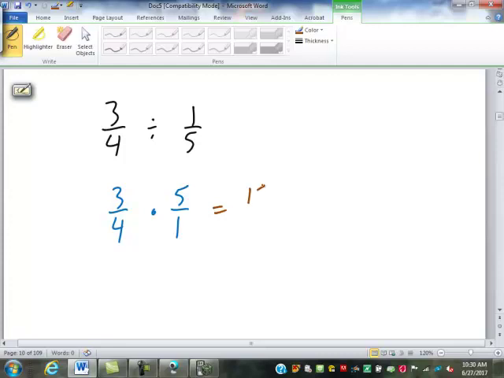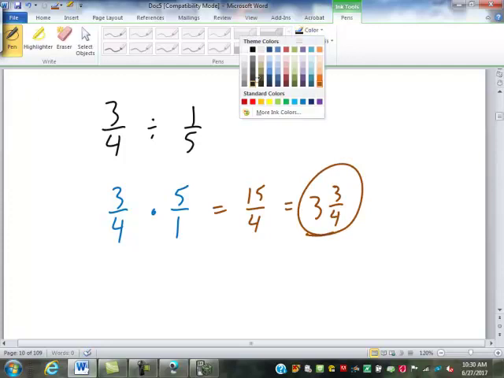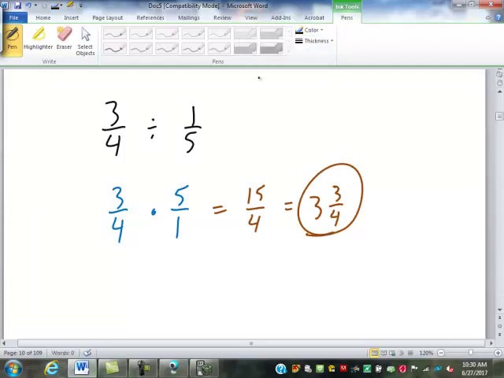So that was 15 over 4, or 3 3/4. Now, you might wonder, how can we take 3/4, divide it by 1/5, two things that are smaller than 1, and get something bigger than 1? I thought when you divided, things got smaller.